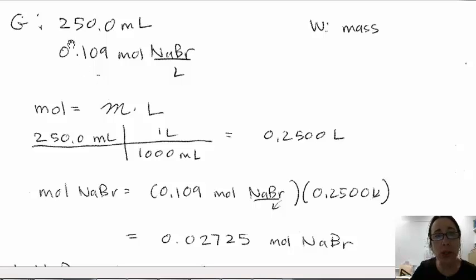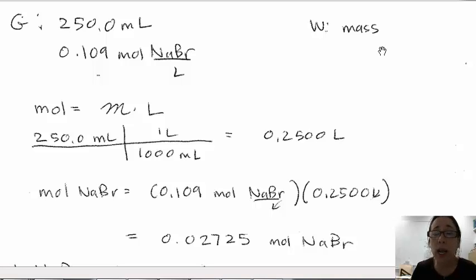So the first thing I do is clearly label what I am given. 250.0 milliliters, 0.109 moles per liter of sodium bromide. This liter is over here, it's not directly under the mole, so sorry, that might be a little bit confusing. And we want mass. Well, how do we solve for mass?